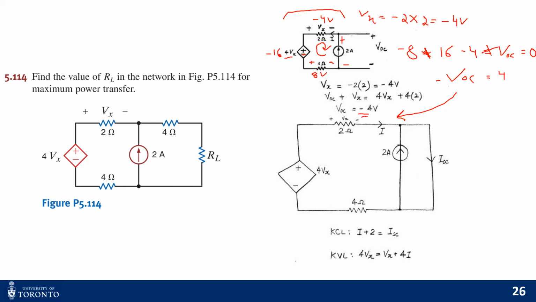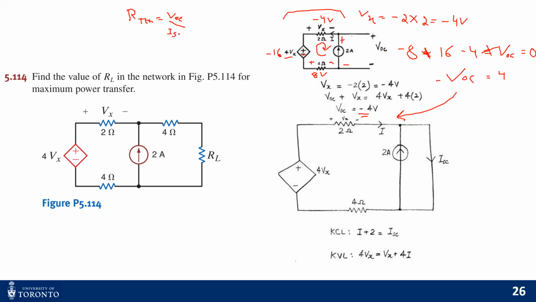Now we have to find the Thevenin resistance, and for that, we have to short the terminal across the load and find the short circuit current, because we want to apply the formula which states that RThevenin is basically equal to VOC divided by ISC.